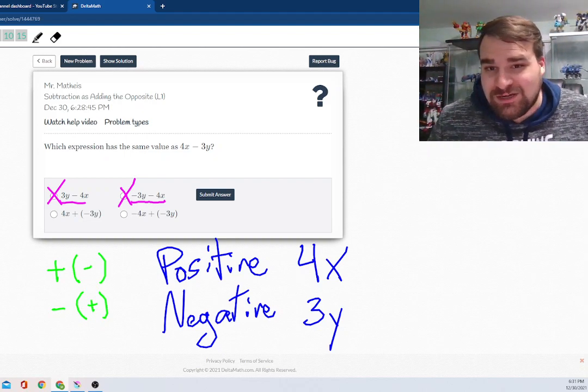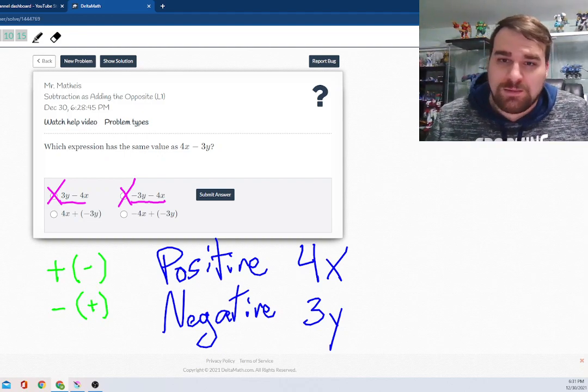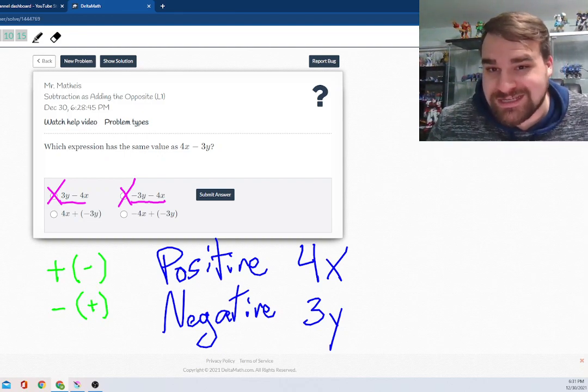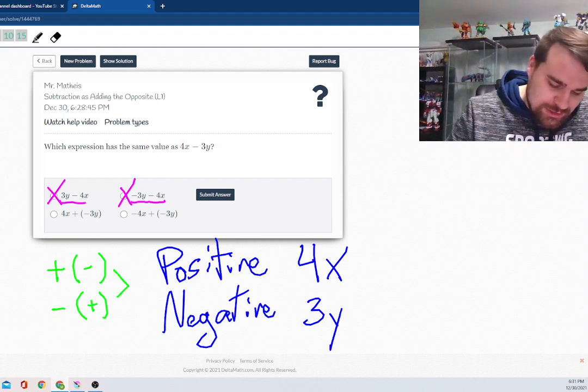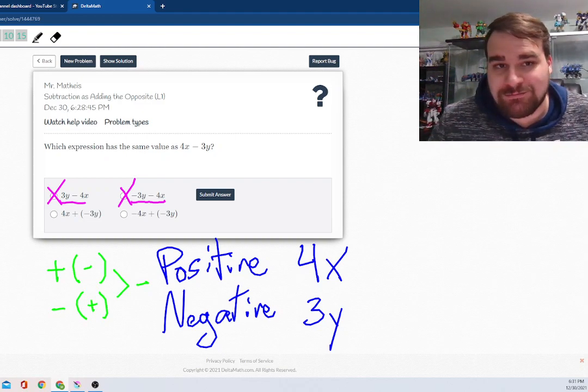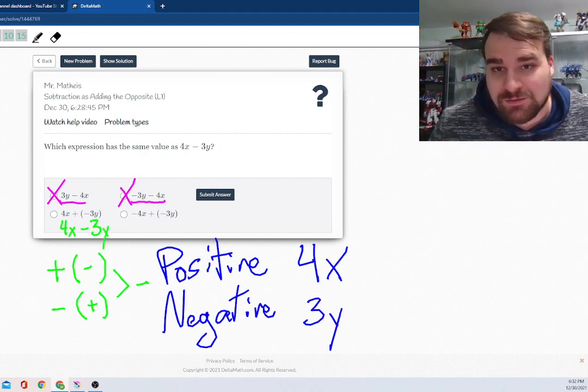I know it's kind of weird that we would write it with both signs if we don't have to, but sometimes math problems are kind of tricky like that. But realistically, either of these can just be written as a minus sign. So this problem may as well just say 4x minus 3y instead of plus negative.